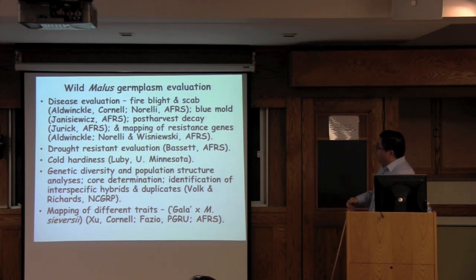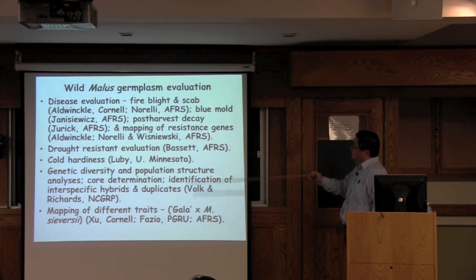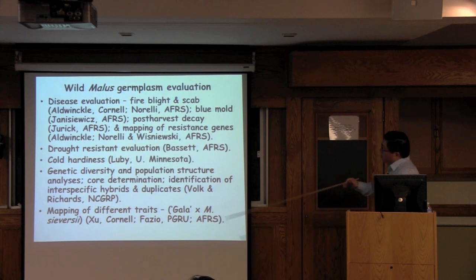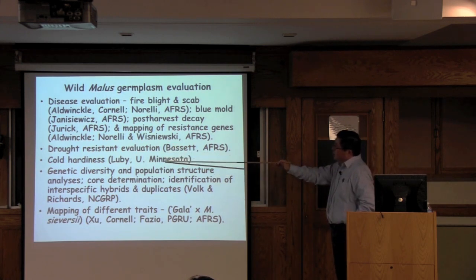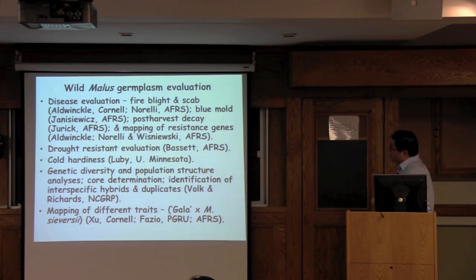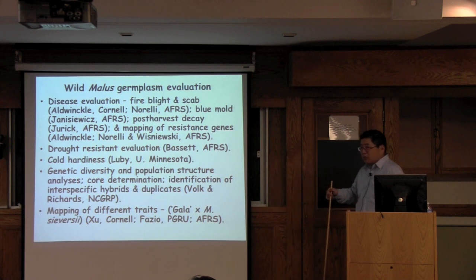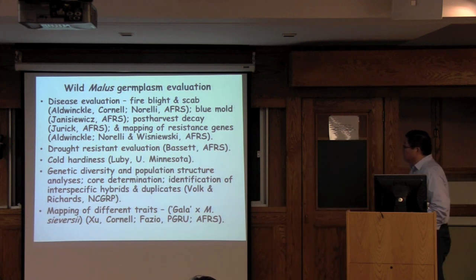Also a lot of work on mapping of resistance genes from the wild sources, drought resistance evaluation, and cold hardiness. Also a lot of genetic diversity and population studies, using genetic markers to try to determine the core collection, and to identify interspecific hybrids and duplicates in our collection.